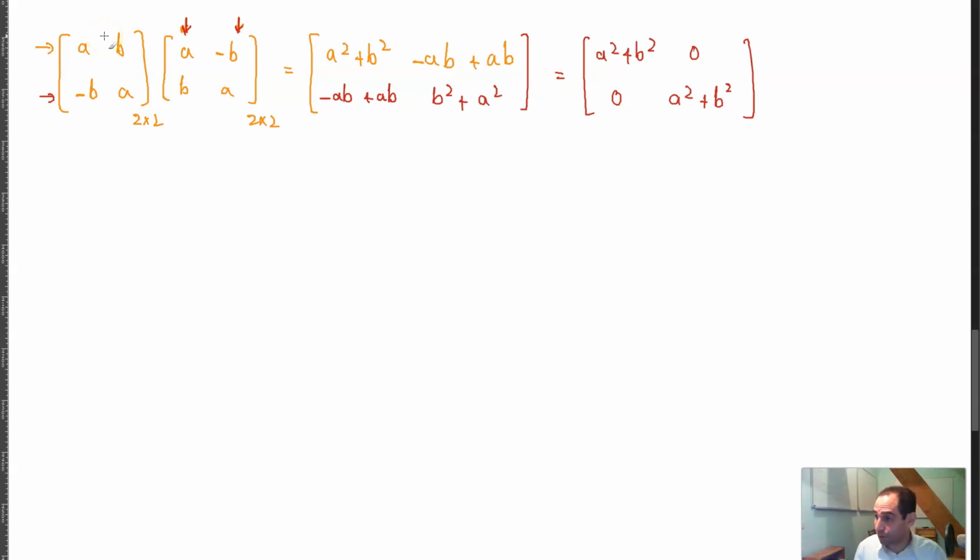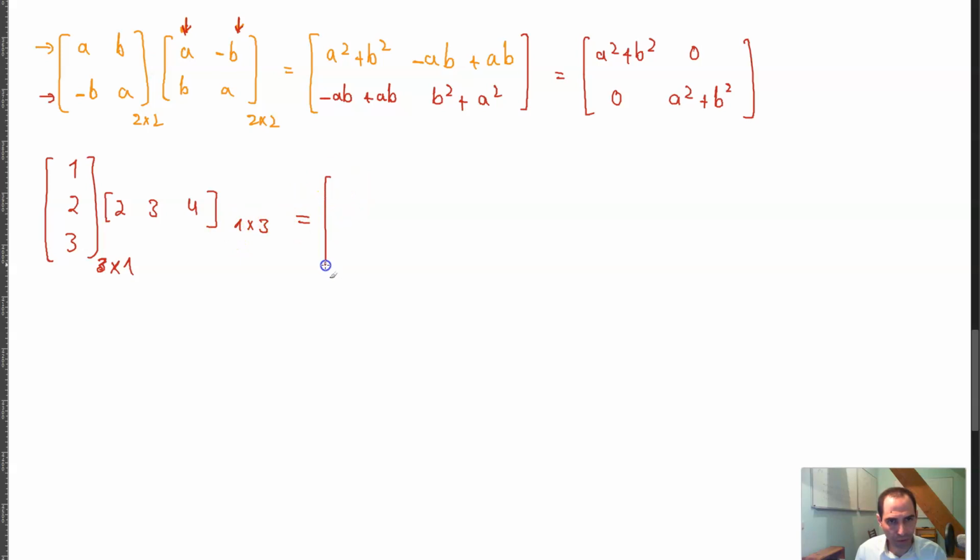Okay, so for example, let's say that we have 1, 2, 3 as a column matrix, and I have 2, 3, 4 as a row matrix. So this is a 3 by 1 matrix, this is a 1 by 3 matrix, which means that I will get a 3 by 3 matrix, right?